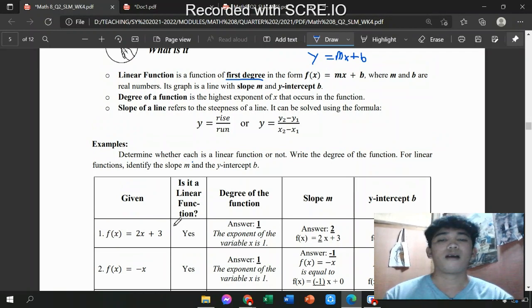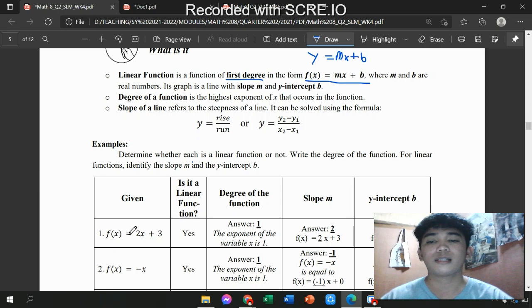First na tutukan is, naa ba siya sa form nga f of x equals mx plus b, wherein ang m ug b should be real numbers. So kaning 2 mao ang atong m, kaning 3 mao ang atong b. So pasok siya. And first degree, meaning 1 ang exponent sa x. Wala siya nakabutang nga exponent, so automatically 1 ang exponent ani. So linear function siya.